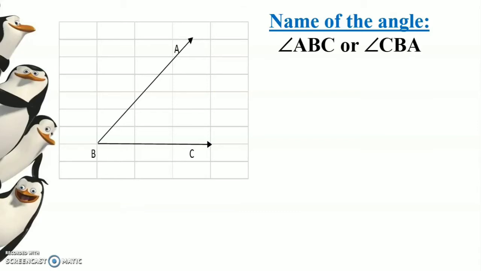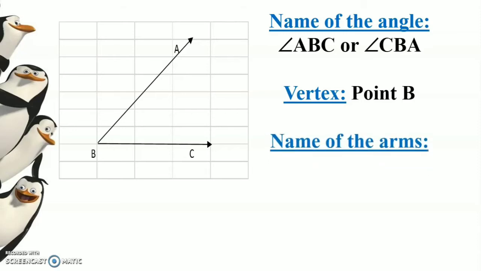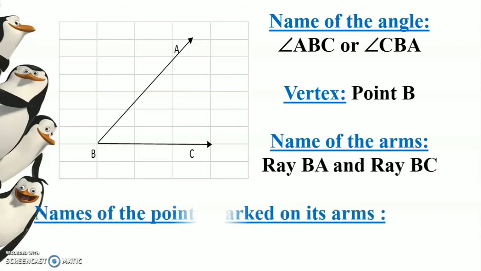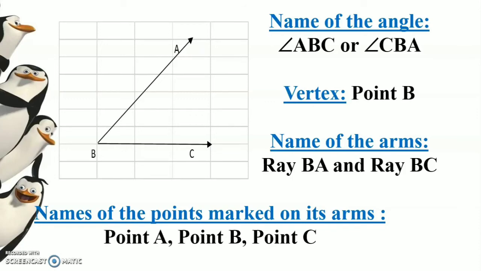And the vertex, or the point where the rays join together, is point B. Then the names of the arms are ray BA and ray BC. And finally, the names of points marked on its arms are point A, point B, and point C. Now let's learn two things more about angles.